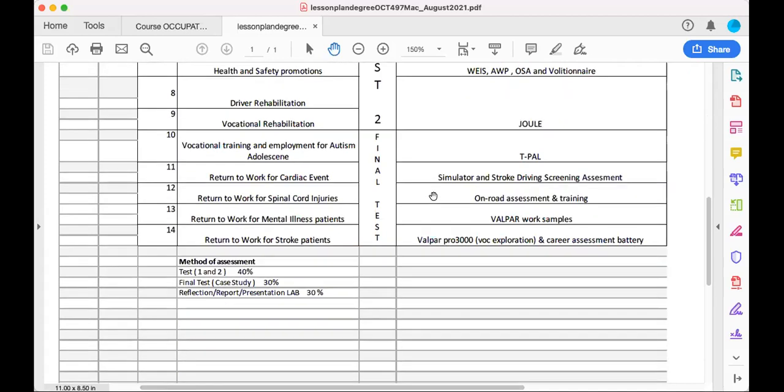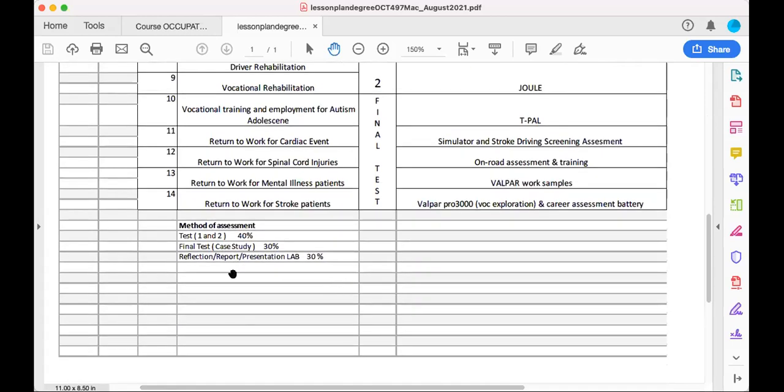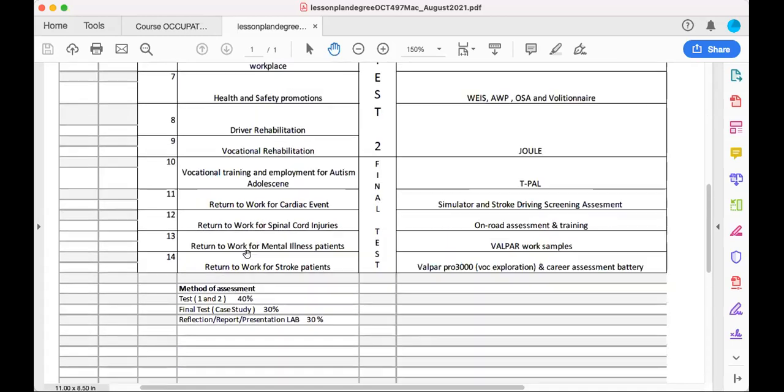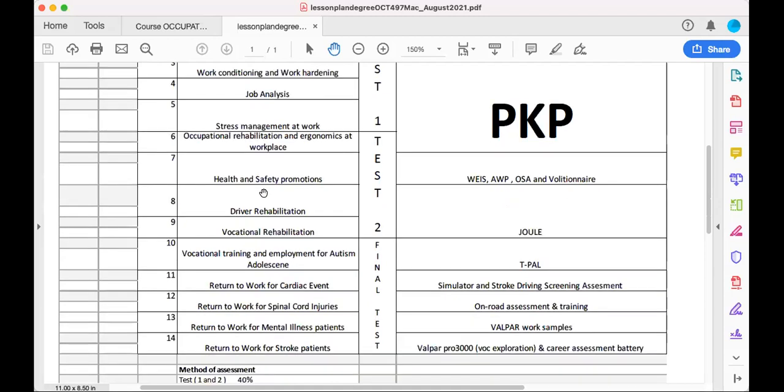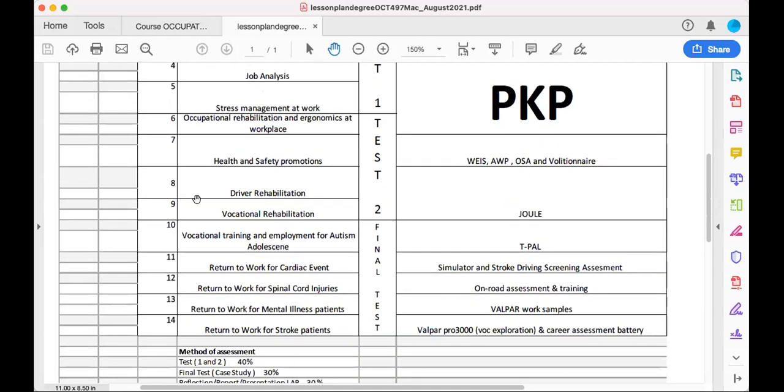So in this lesson plan, under the method of assessment, there is a test. Test 1 will cover topics 1 to 5. Then test 2 will cover topics 6 to 9.